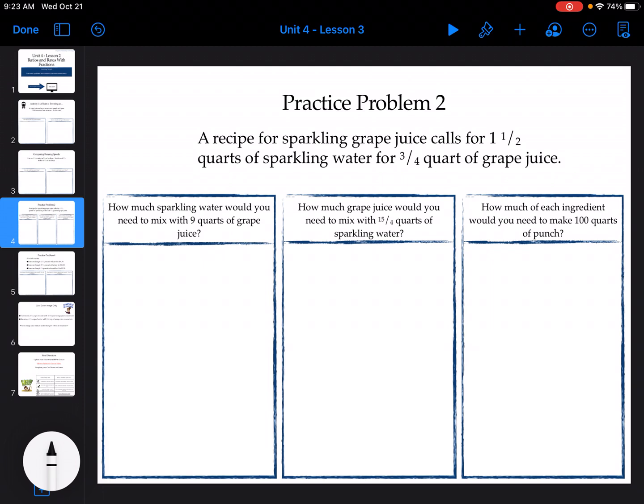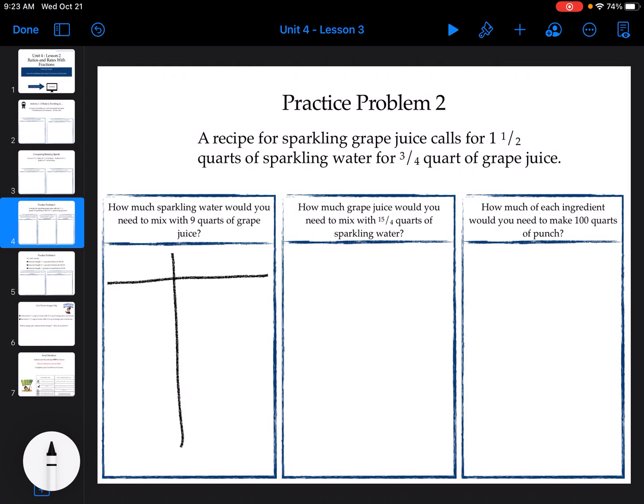So now it says a recipe for sparkling grape juice calls for 1 1/2 quarts of sparkling water for 3/4 cup of grape juice. So they want to know how much sparkling water you would need to mix with 9 quarts of grape juice. Okay, so I've got my table.